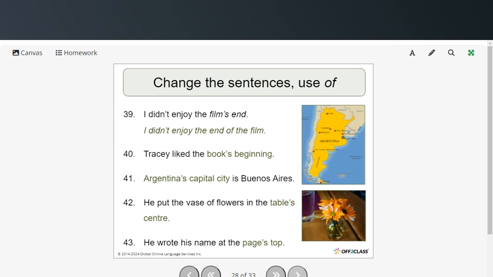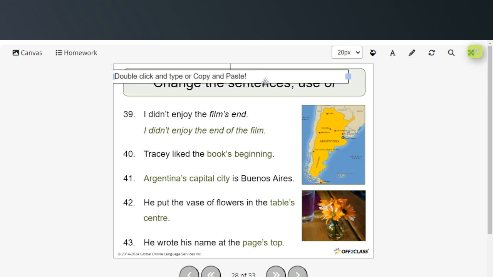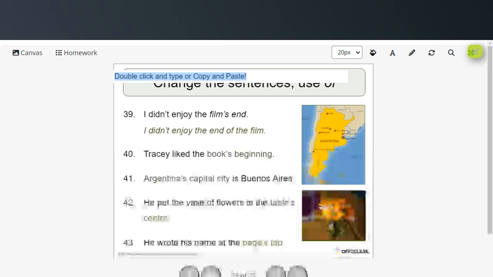All right, so if we change these sentences using of, so I didn't enjoy the film's end. I didn't enjoy the end of the film. So 40 would be Tracy liked the book's beginning.